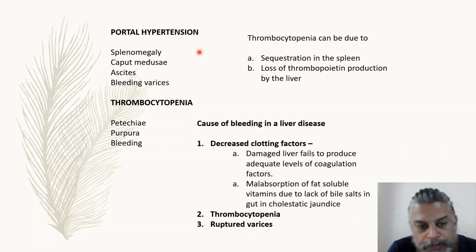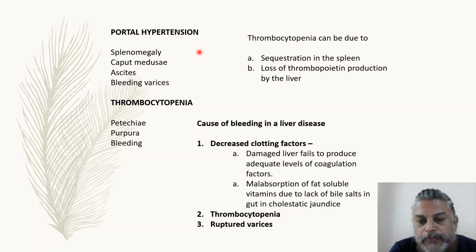Thrombocytopenia can also be there in liver disease, that may manifest as petechiae, purpura or frank bleeding. The thrombocytopenia may be because of enlarged spleen or loss of thrombopoietin production by the liver.